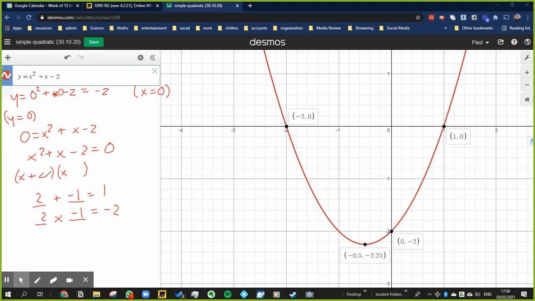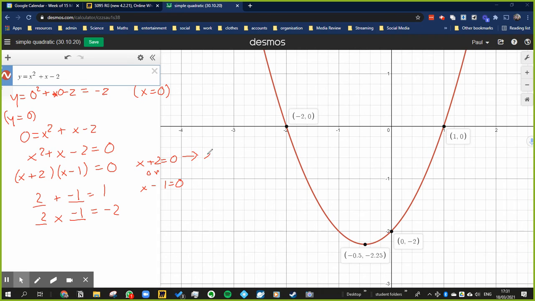So x plus 2, x minus 1 is equal to 0. All I've done is taken this expression and factorized it. Now we can solve it, because if all of this is equal to 0, either this is equal to 0 or that is equal to 0. So x plus 2 is equal to 0, or x minus 1 is equal to 0.